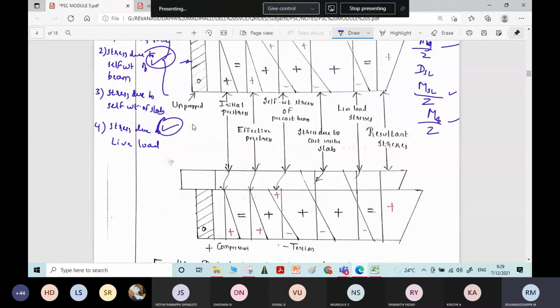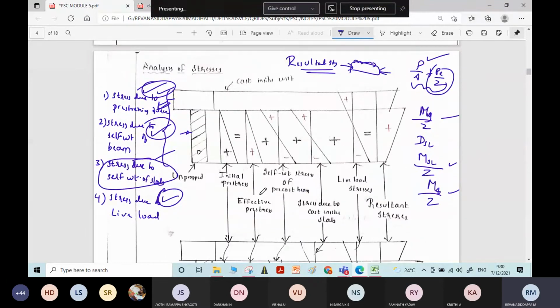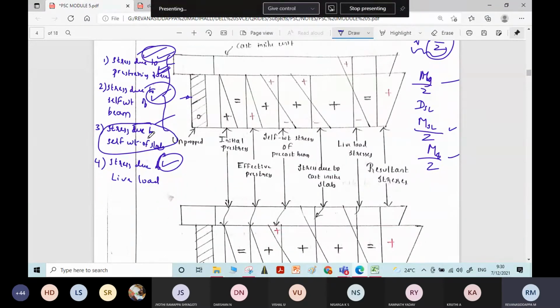There is a slight difference in finding the stress due to the self weight of the slab. First, second and fourth steps will be the same for both cases. Only the third step will be different.